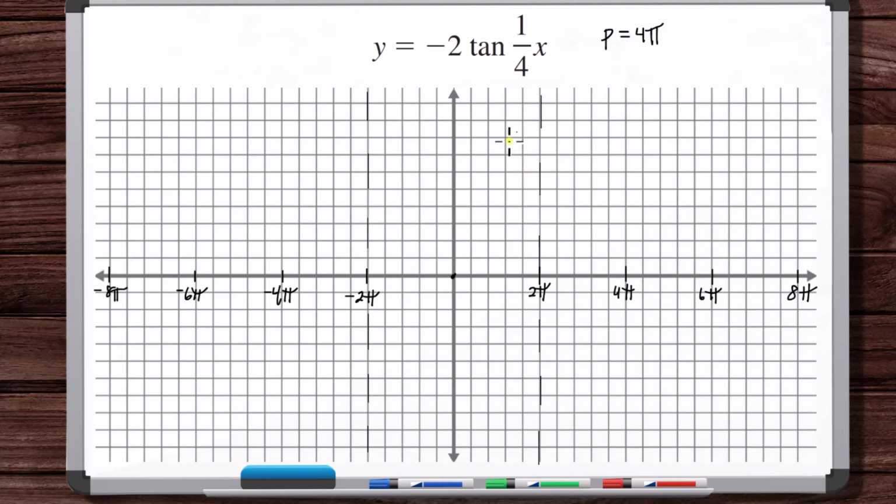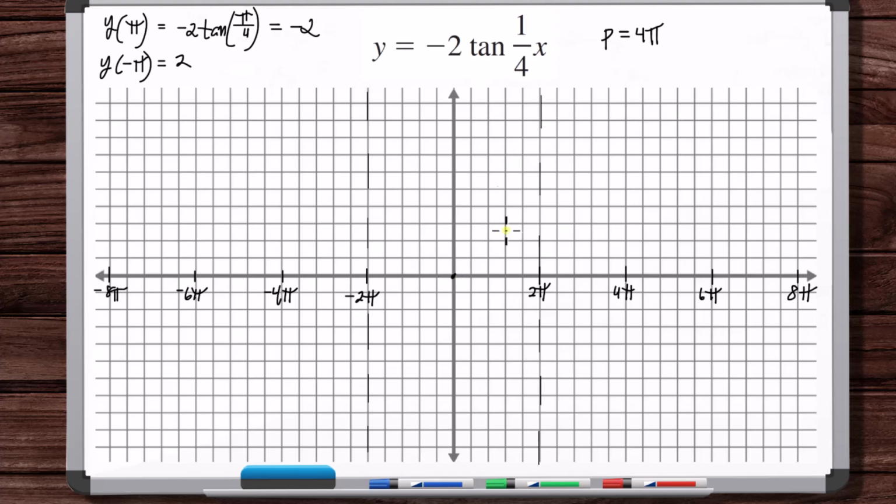Okay, but let's plug in, let's do y of pi is equal to, let's see, minus 2 tangent of pi over 4. We know tangent of pi over 4 is 1, so this is minus 2. And so y of minus pi is going to be 2.